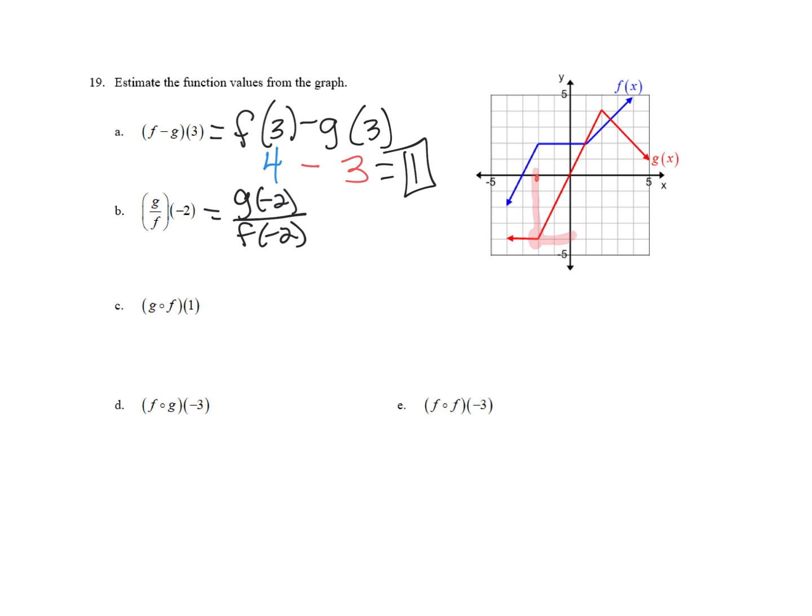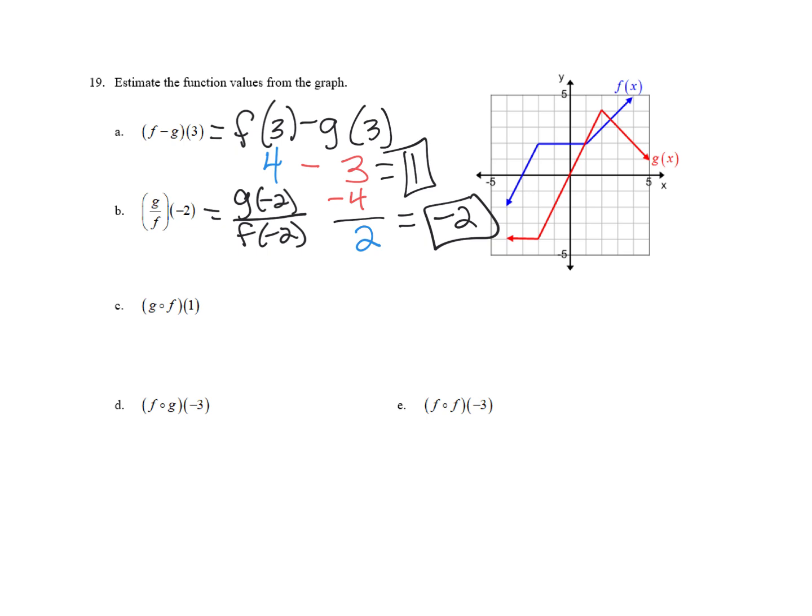So I'm going to make that negative 4 divided by f of negative 2. So again, negative 2 is here. f of negative 2 is positive 2. So that's going to be positive 2 here. And negative 4 divided by positive 2 is negative 2. So g divided by f of negative 2 is negative 2.